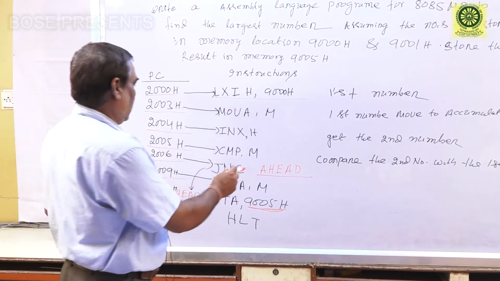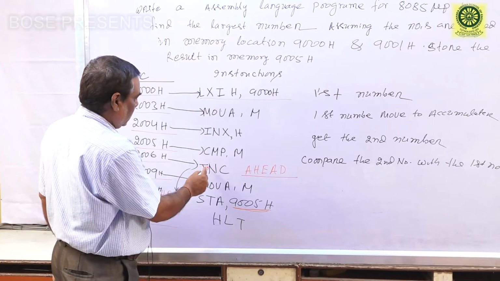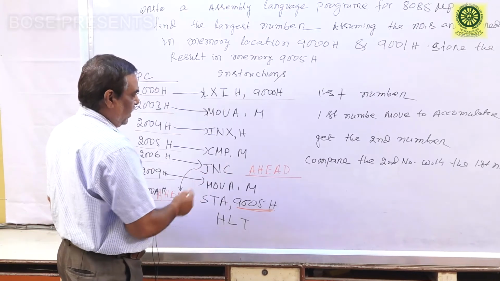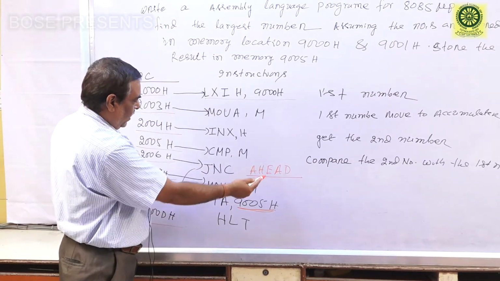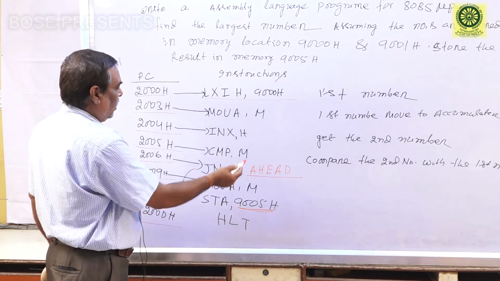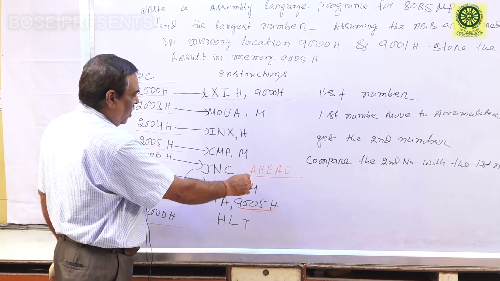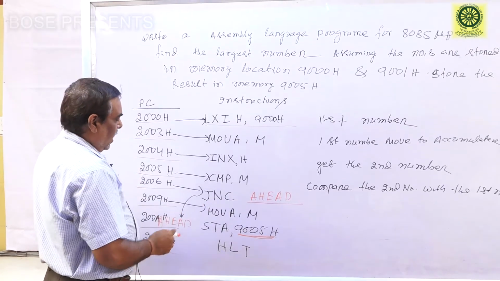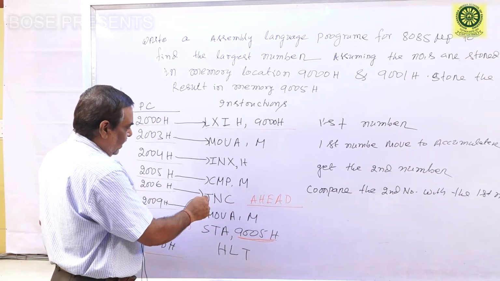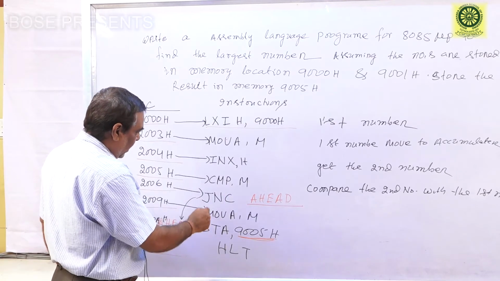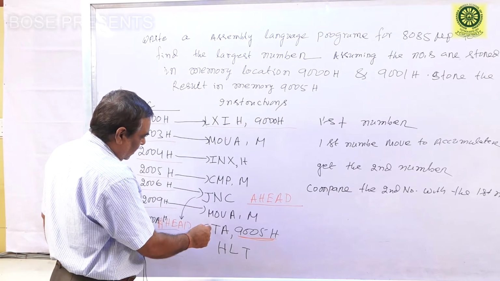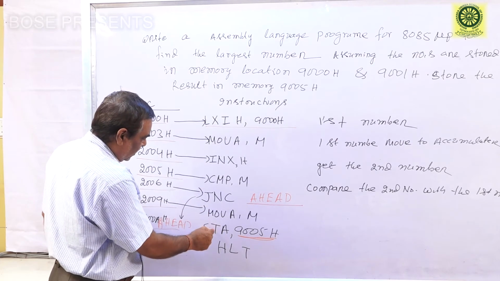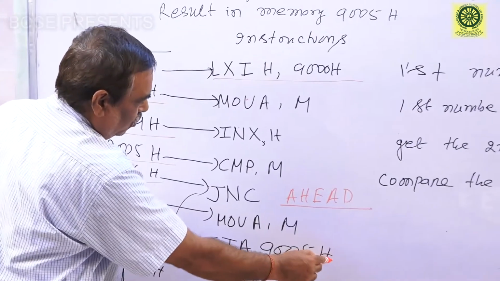And here you see this is a conditional instruction JNC. This condition is jump if no carry. If there is no carry, then the greater number is stored in the memory and moved to the accumulator. And if there is a carry, then the condition is not satisfied, and the next instruction to be executed is STA 9005.